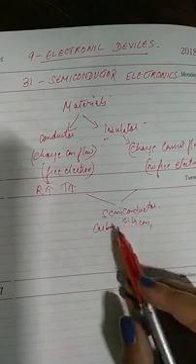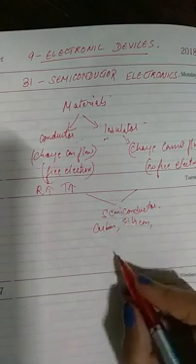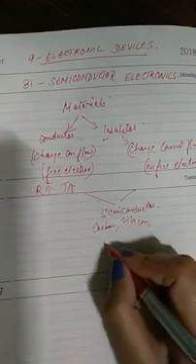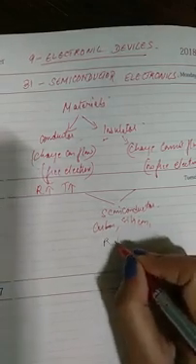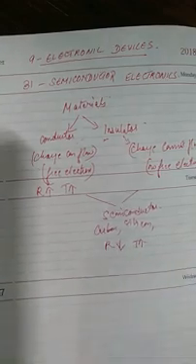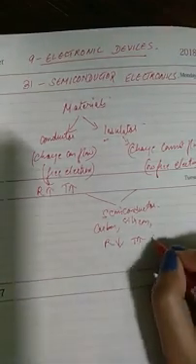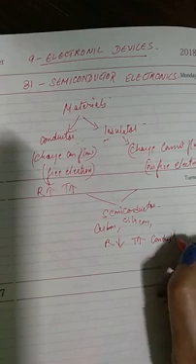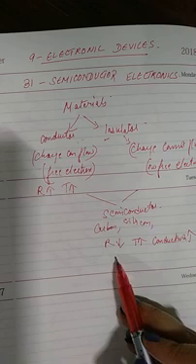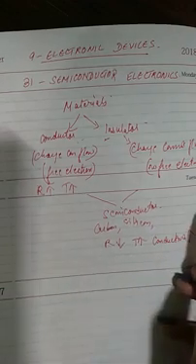The temperature coefficient of resistance of a semiconductor is negative. That is, the electrical resistance decreases with rise in temperature. When temperature increases, conductivity increases. Resistance decreases, it means conductivity will increase.